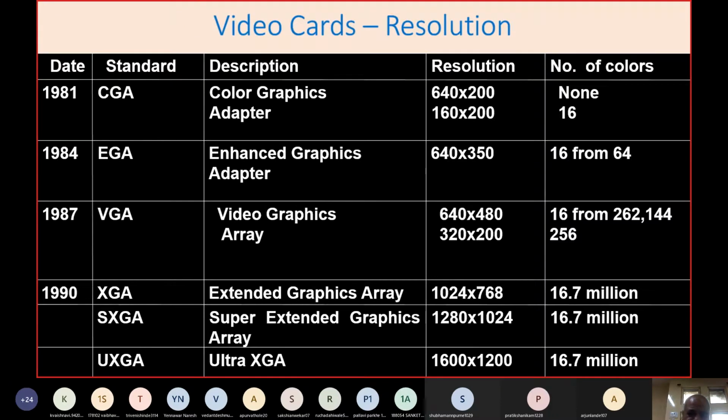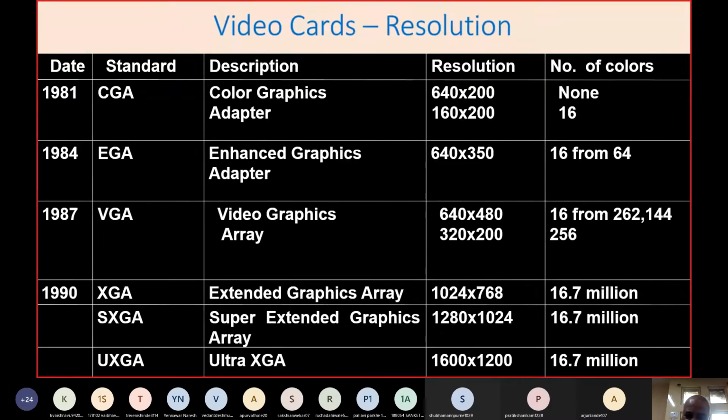Then after VGA, the Extended Graphics Array was developed, that is XGA. It has a very good resolution, that is 1024 by 768. This was normally used for almost 10 years. It was a very useful display device with this resolution.